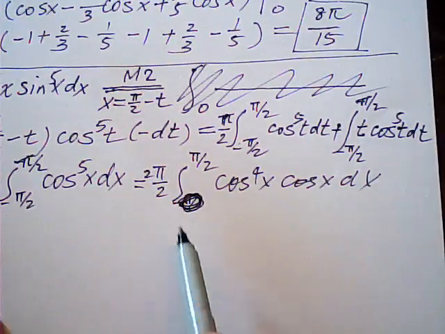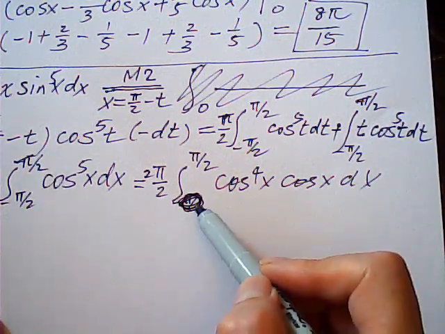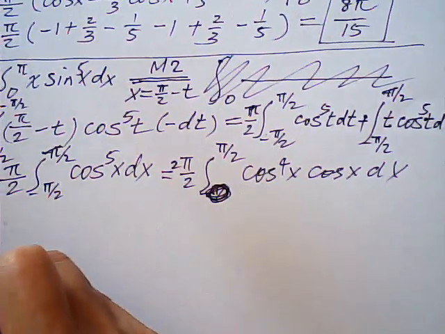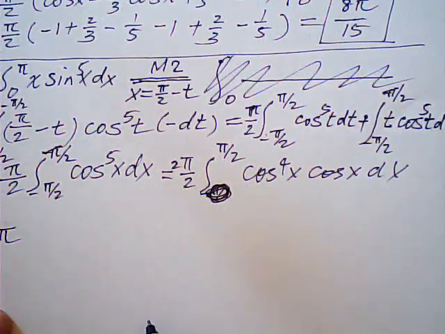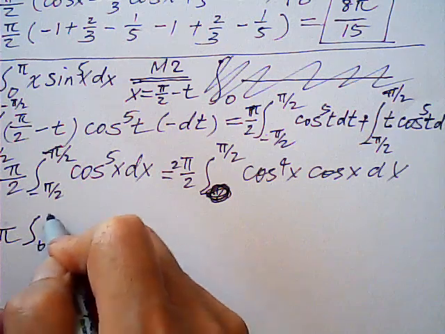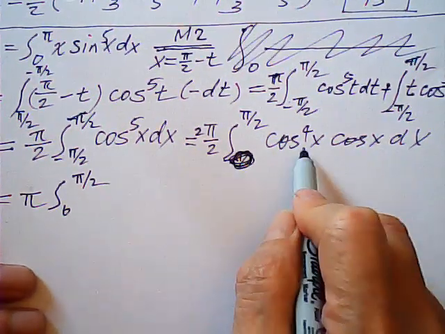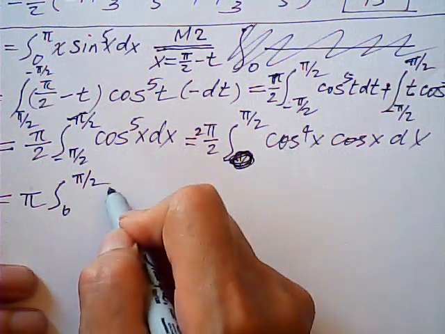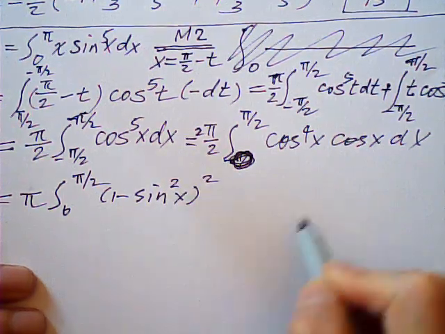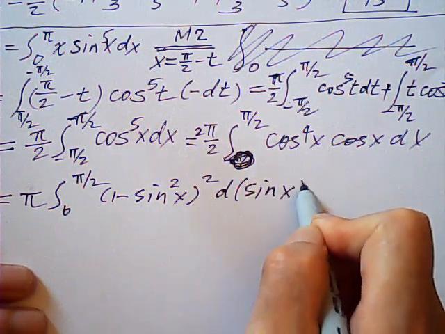All right? This 2 is because this is an even function. I can write from 0 to half pi times 2. So it becomes pi, and from 0 to half pi, and cosine fourth is 1 minus sine square x squared, right? Cosine x dx is a d sine x.